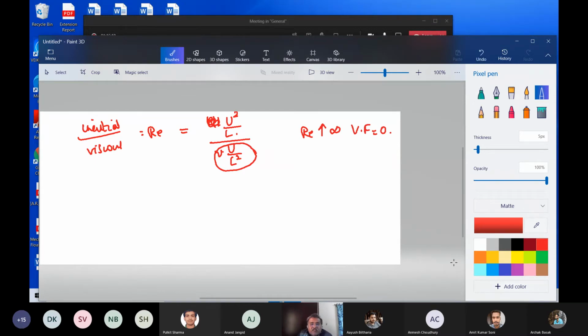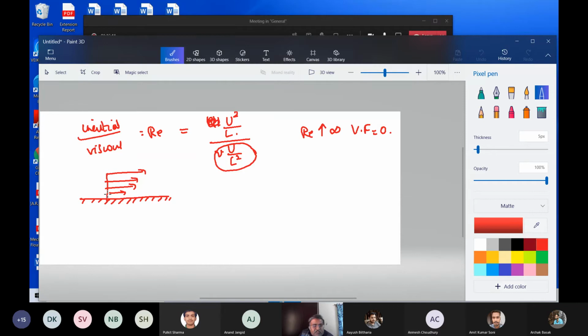Now, that is not really true. I'll tell you an example. There is a surface, and there is flow over the surface. Usually it will be like this.